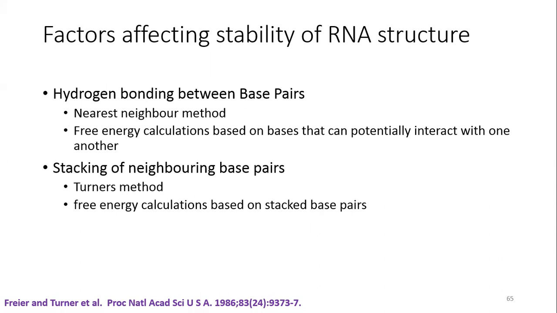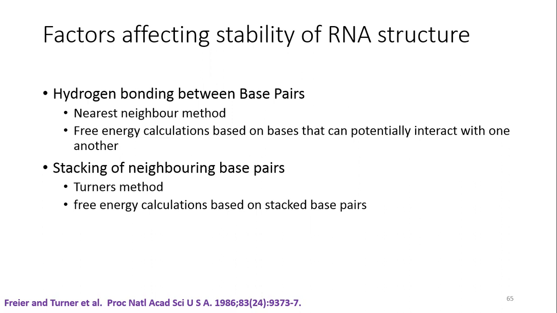Okay, so the nearest neighbor method used this hydrogen bonding between base pairs as a criterion for free energy calculation. Such free energy calculation is based on bases that can potentially interact with one another.